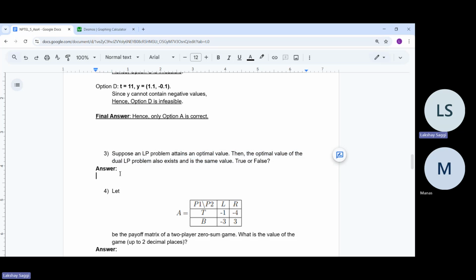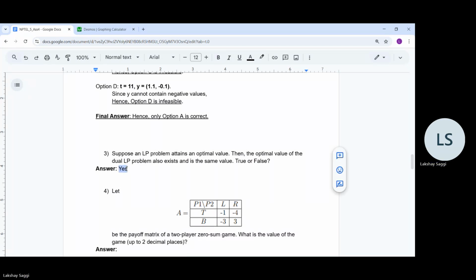Yeah, that's a good job, Manas. Yes, actually, this was directly discussed in the lectures, that the LP attains an optimal value, and the optimal value of the dual LP also exists and is equal to the same value.